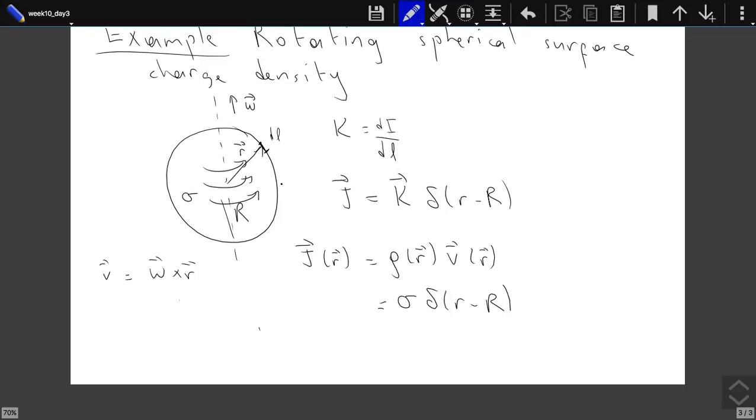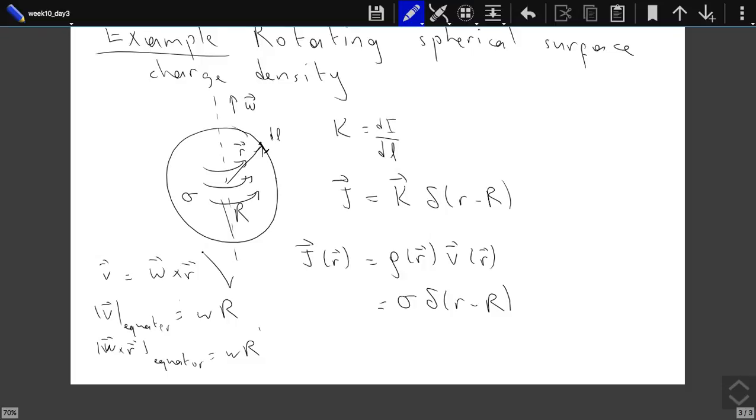Let's look at the velocity at the equator. The velocity at the equator should have a magnitude omega times r. And at the equator, v is omega cross r, since omega and r are perpendicular to each other, it's omega times r.